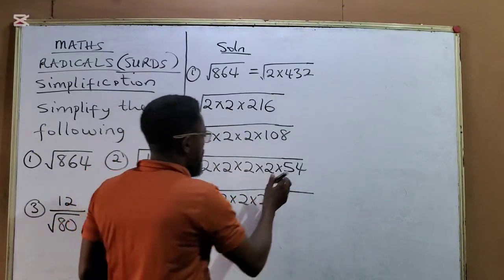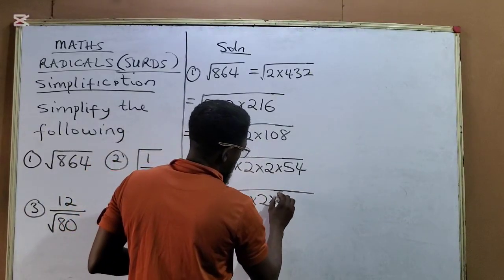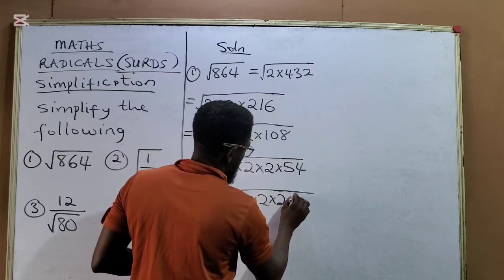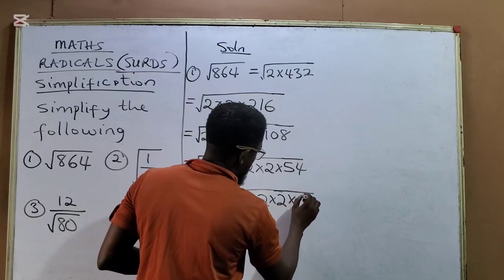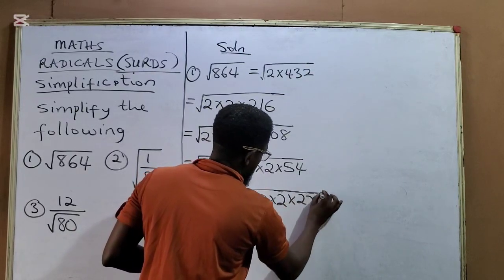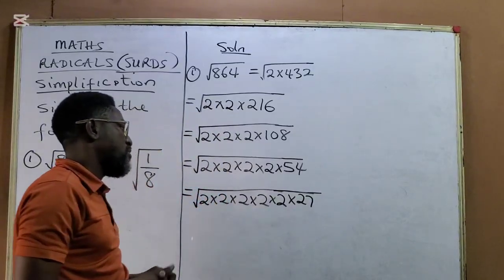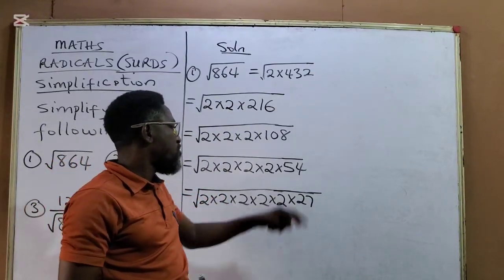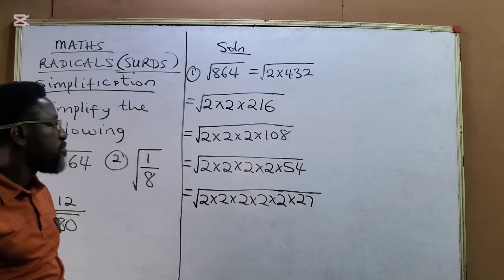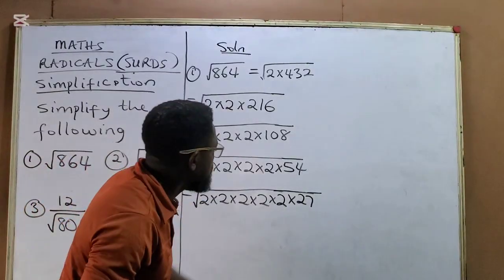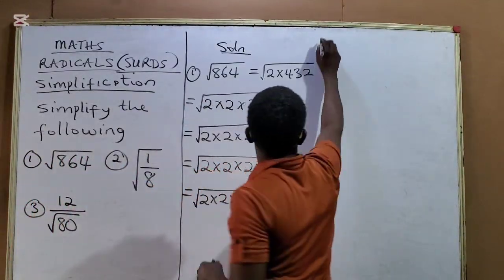We divide 54 by 2, we get 2 times 27. So 2 times 27 will give us what? 54. So now we can split this one further.